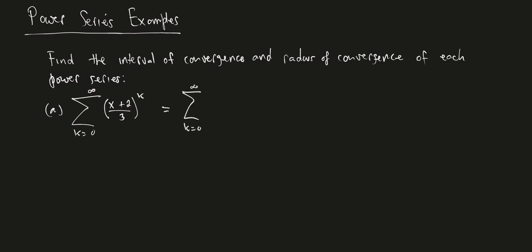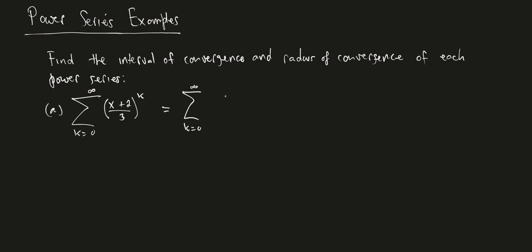k goes from 0 to infinity. The first thing I'm going to do is split it up so that we can see the coefficients and then identify the part of the power series that has a variable. We can see the part right here, it's in the numerator, but I'm going to split this using some properties of exponents.